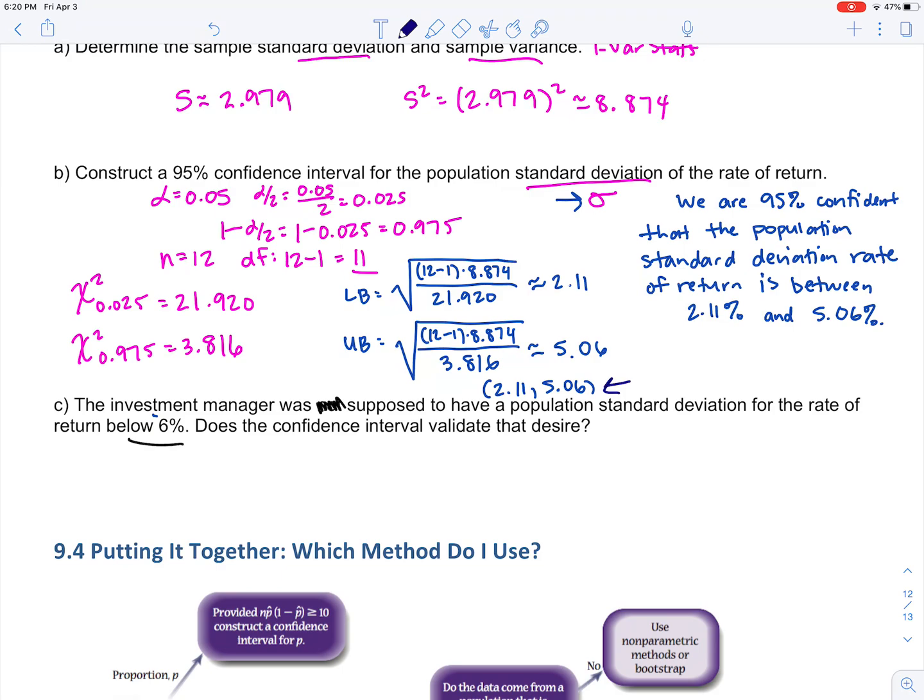Well, if you take a look at the confidence interval, the entire thing lies below 6%. So does the confidence interval validate the desire? Yes. The entire interval is below 6%. Remember that they want it to be stable, so they want a low standard deviation.